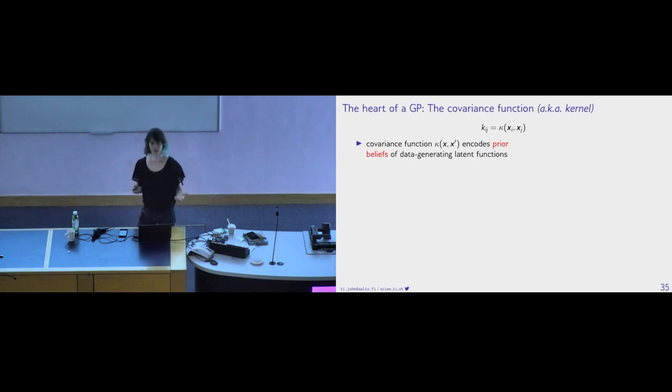So what types of prior knowledge might we be able to encode? Any thoughts? Smoothness, very good. Anything else? We could encode, for example, that the function is continuous. We could encode that it's once differentiable or twice differentiable or infinitely differentiable. We can encode that we believe our functions should be periodic.